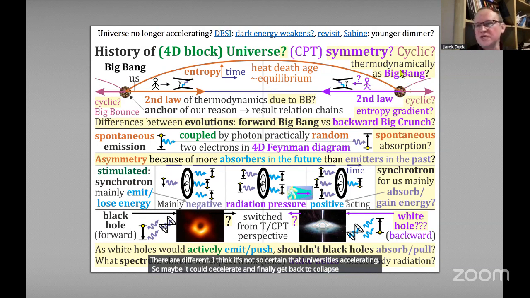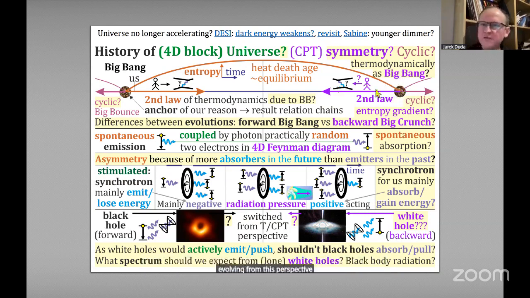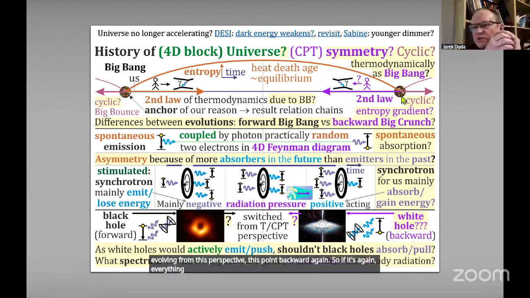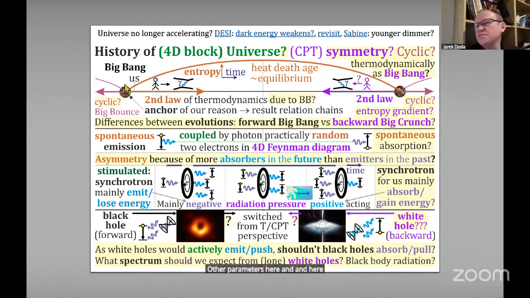So from the CPT perspective, evolving backward from this point, if everything is together again, the entropy should be very similar to our Big Bang. Again, the entropy should be small here, because entropy depends on the temperature, so all the crucial parameters need to be the same.